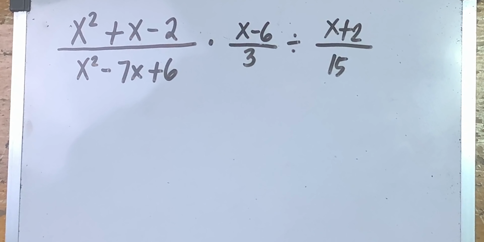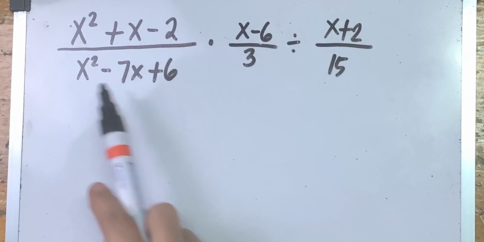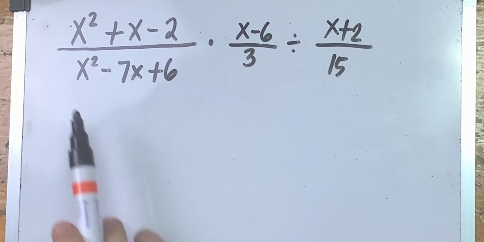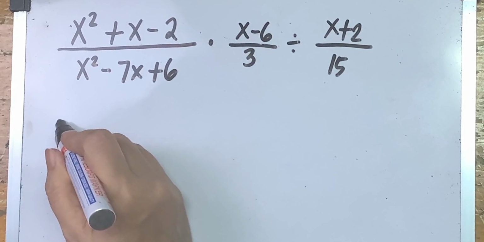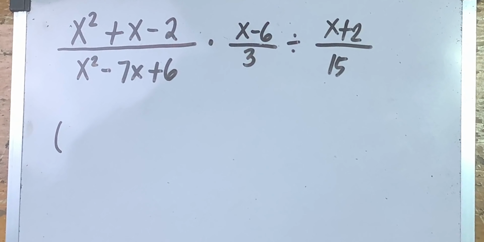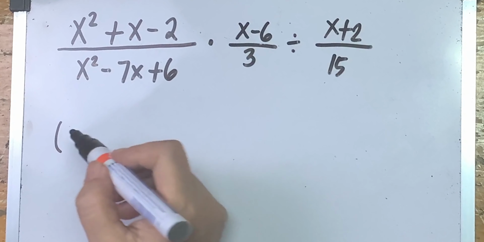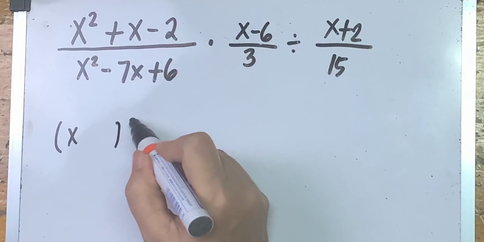Okay, for our next example, it's a combination na ng multiplication at division. Okay, tingnan muna natin tong first term na to. I-factor muna natin yung numerator. So, factor ng trinomial, x squared is simply x and x.